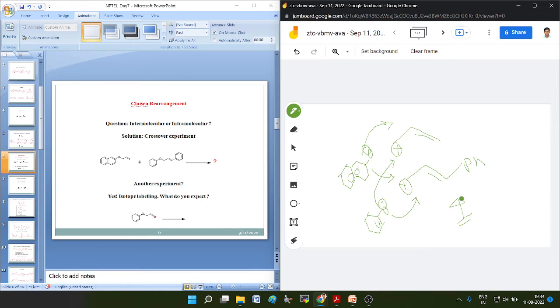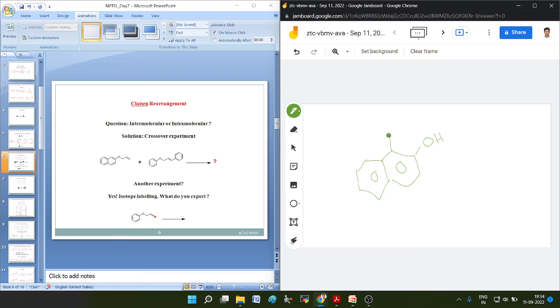But interestingly, in the experiment, you don't get four products. You get only two products. And the two products are basically, let me clear this, control Z, get the frame. So what you actually observe experimentally are: you have OH here and this CH2 and then the double bond.